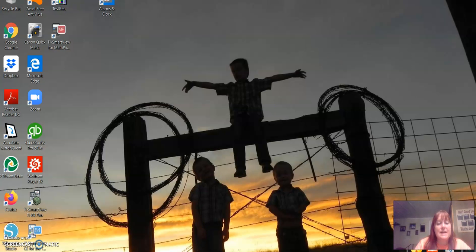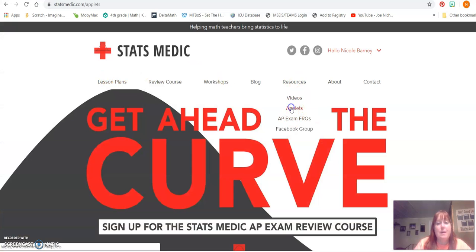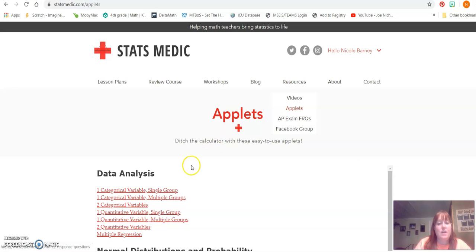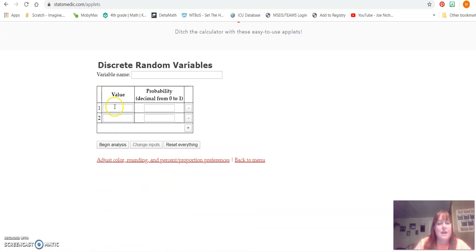So you're going to go to statsmedic.com, and then you're going to click on Resources and Applets. And then you're going to come down here to Discrete Random Variables, and you're going to put in these different values. So we're going to put in the value of 10 has a probability of 0.4. The value of 20 has a probability, and these are all the probability of x.